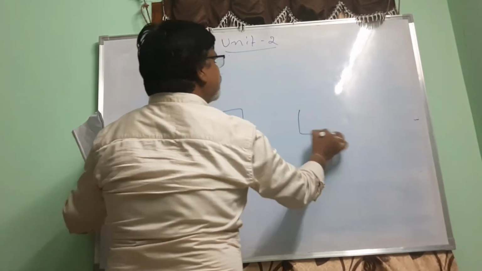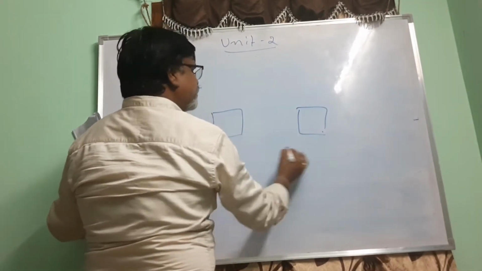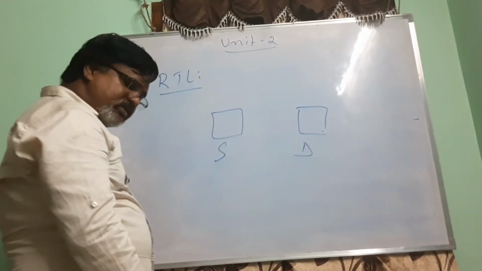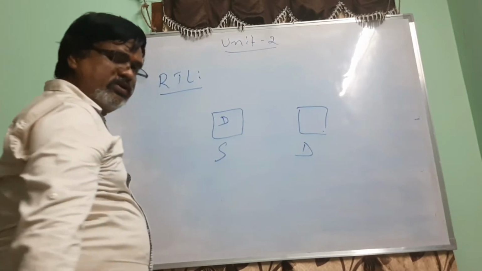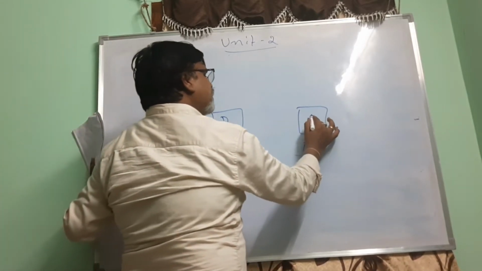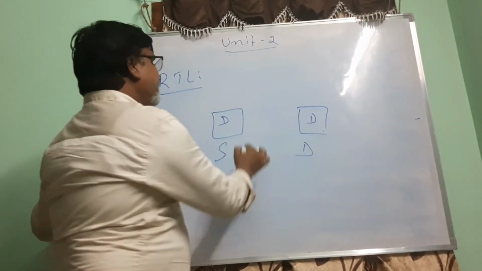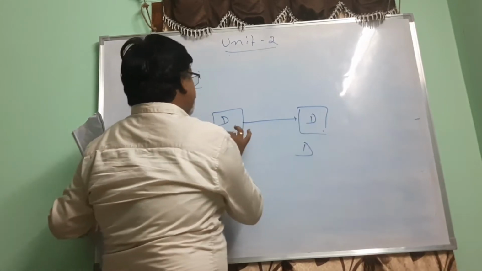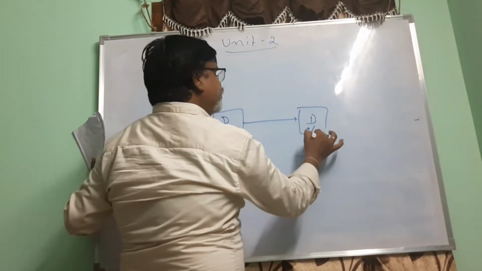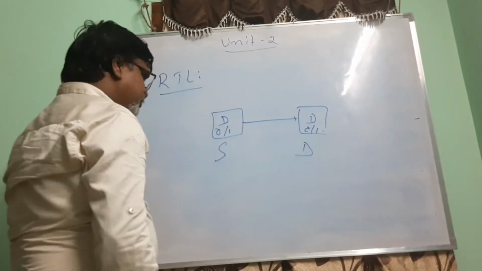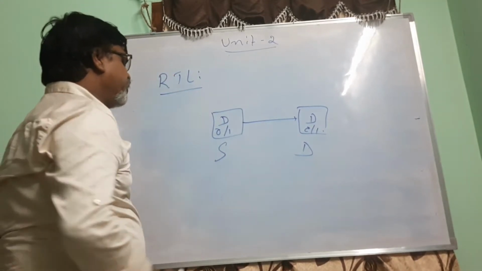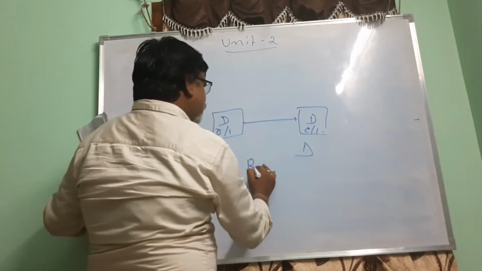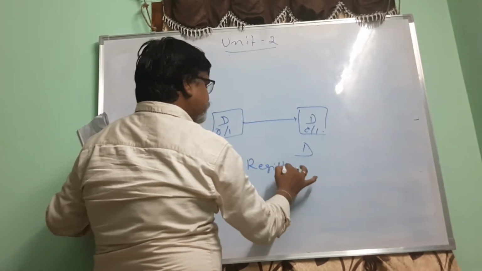Take two parts: one is the source and another is the destination. There is some data in the source which we are going to pass to the destination. In our concept, the source and destination are registers.